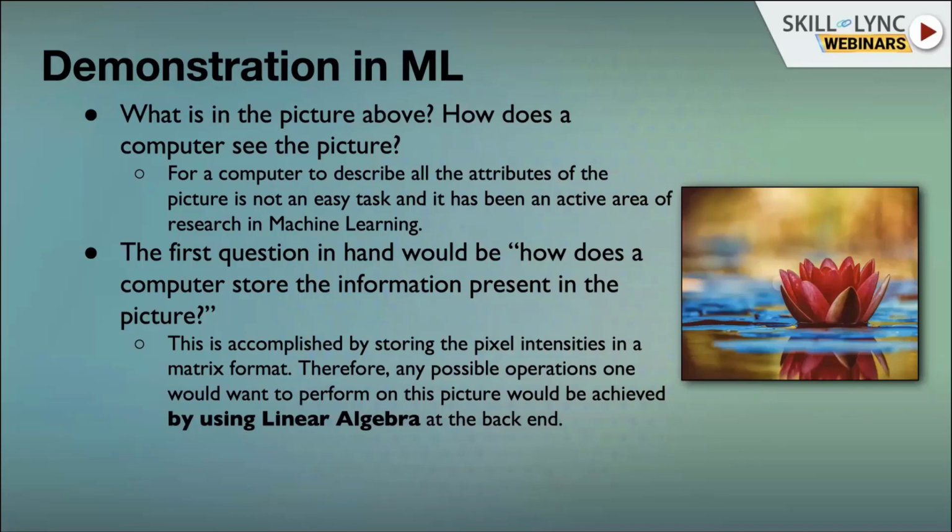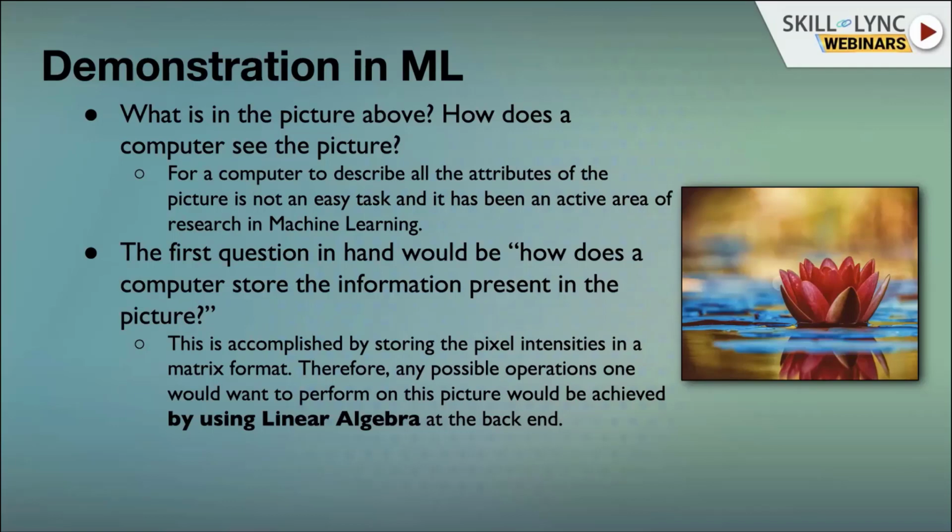As you know, whenever you're handling a camera, it says, let's say, 24.6 megapixel. So it has that many pixels present in the pictures that it will take.